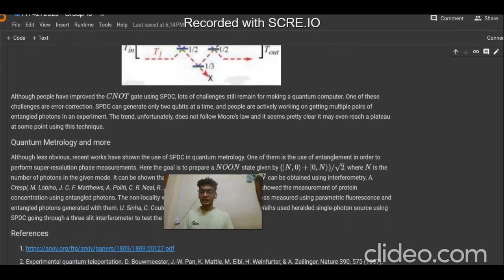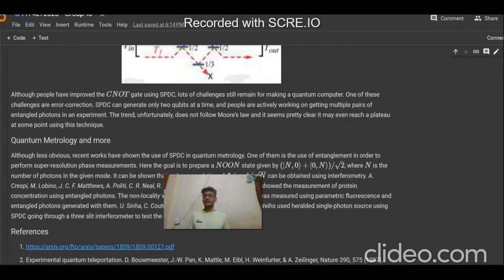Of course, there are many problems in using SPDC or photonic qubits for quantum computers. One of them is that SPDC can generate only a limited number of qubits at a time, and if you want to scale the system to a large size, you need to generate lots of entanglement at the same time, which SPDC cannot do.